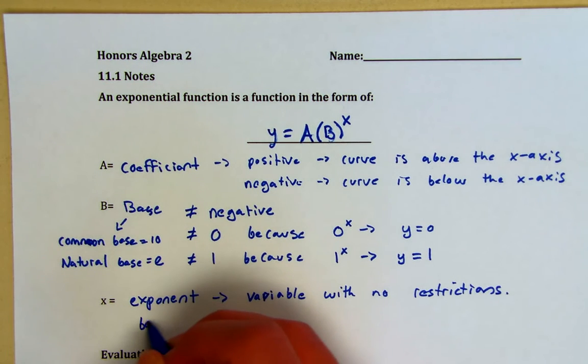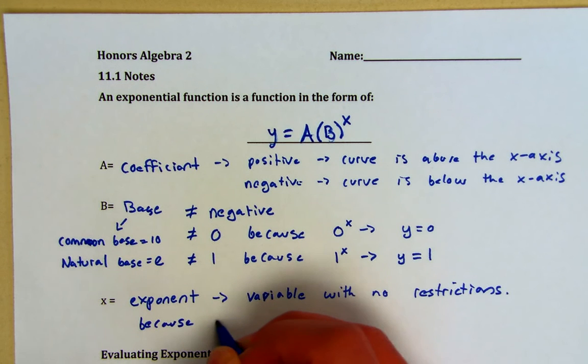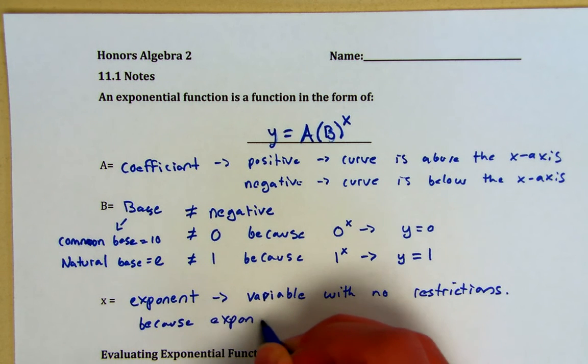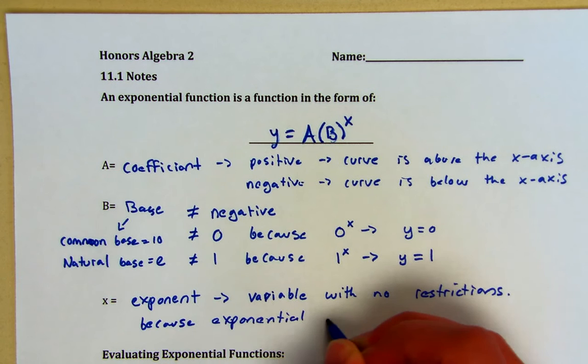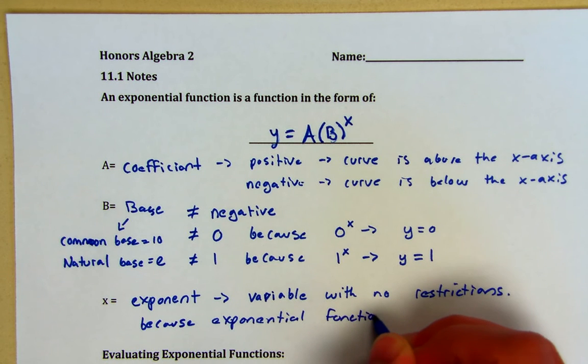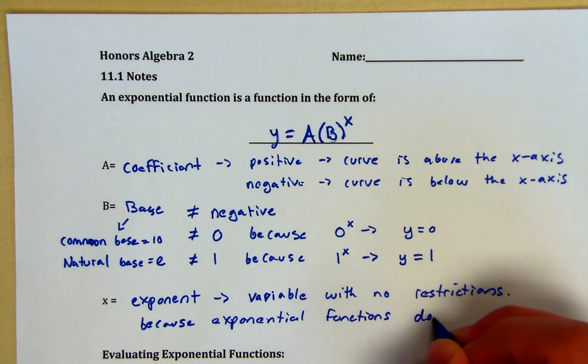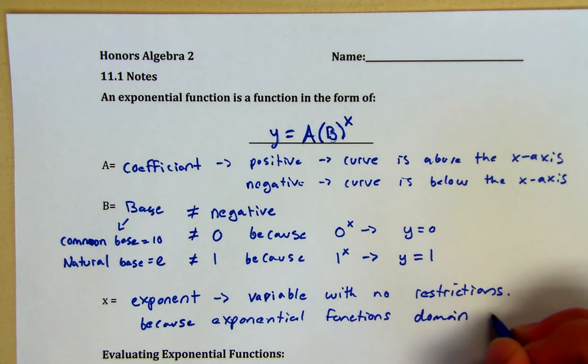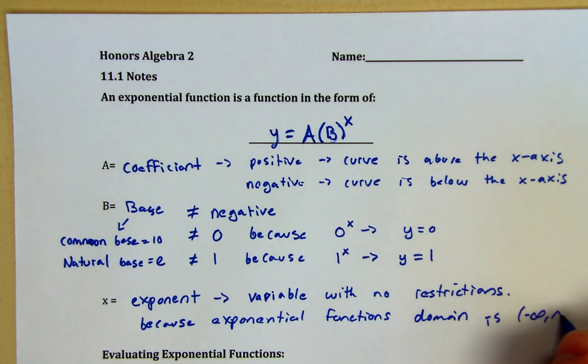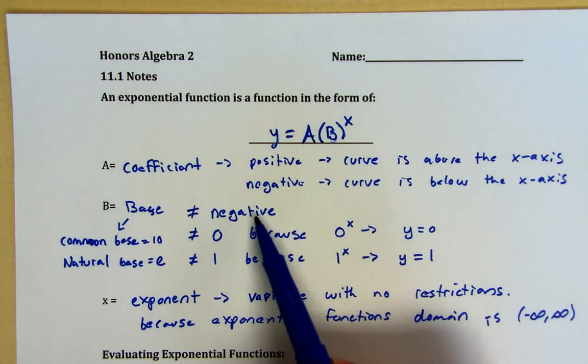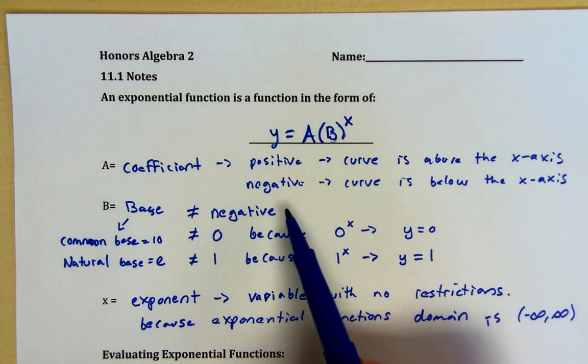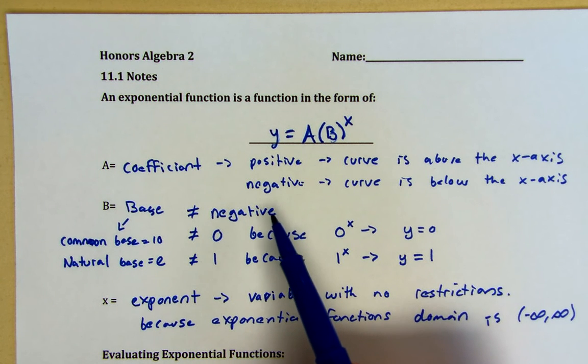And this is because the domain of exponential functions is negative infinity to positive infinity. Now going back, again, the base can't be negative because the range of exponential functions does not cover negative numbers.